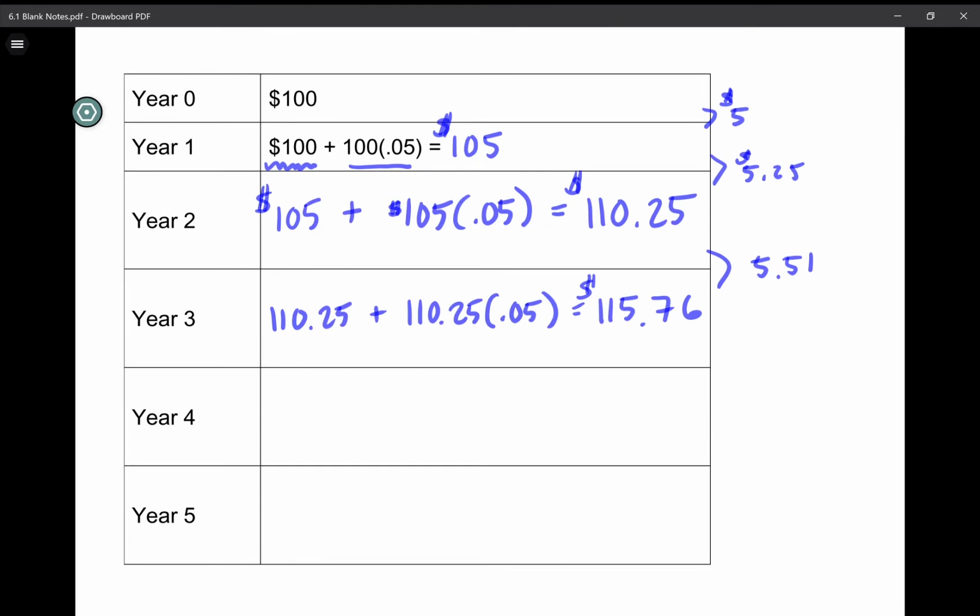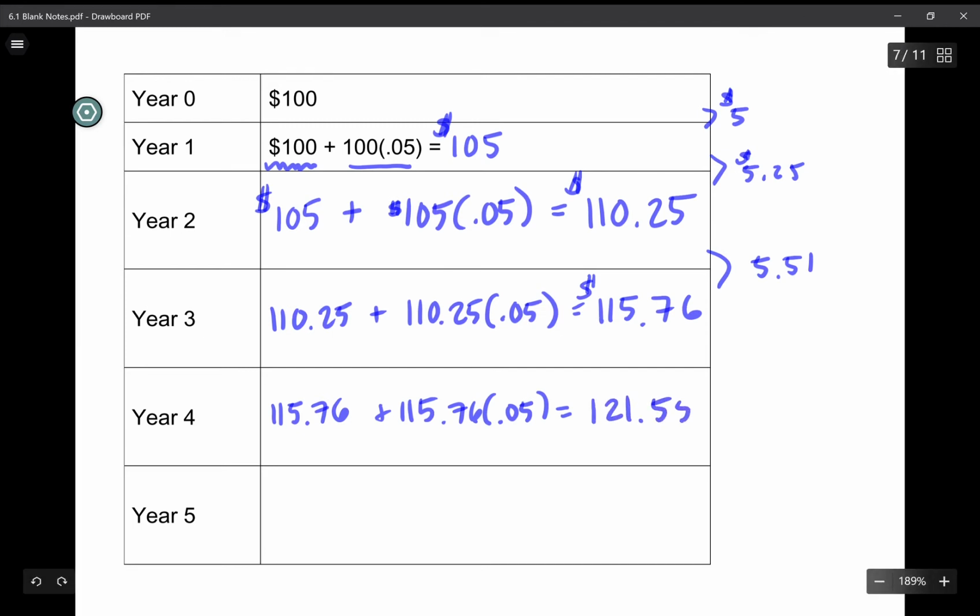All right, hopefully you're able to fill this table out. I'm going to do this quickly together. So 115.76 times 0.05 plus 115.76 equals, I messed up. Oops, sorry. Let's try that again. 115.76 times 0.05 plus 115.76 equals 121.55.